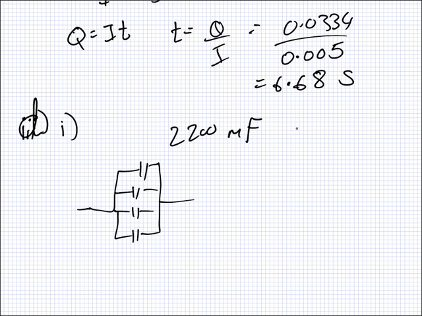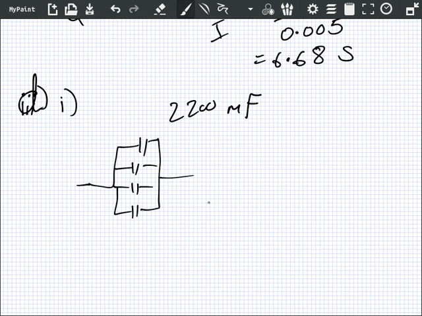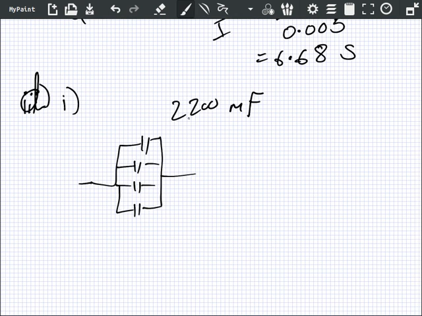Okay, good. And one, determine the total capacitance. Each one is 2,200. So the total capacitance is 4 times 2,200, 8,800 milli.